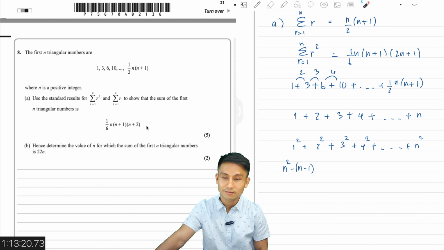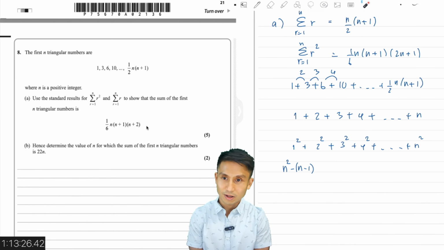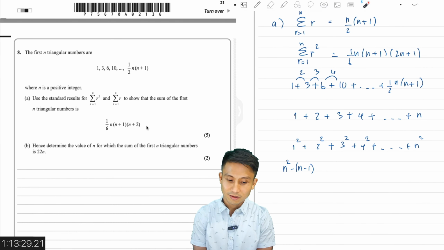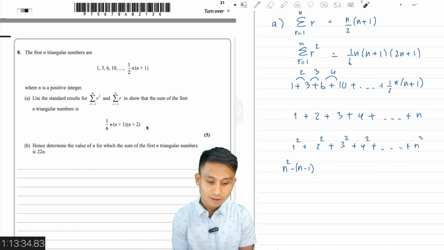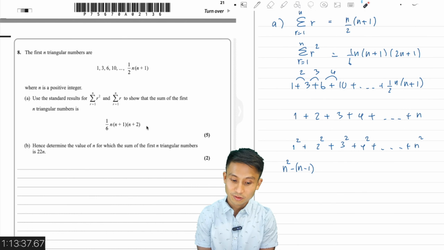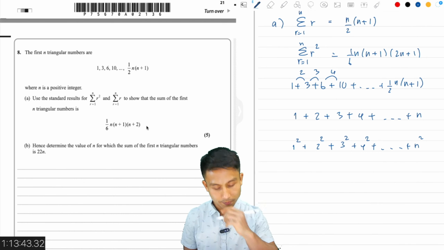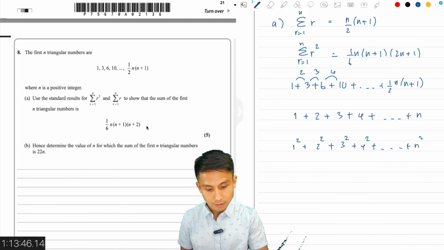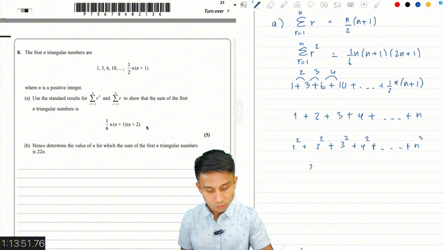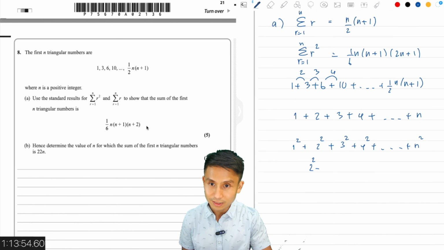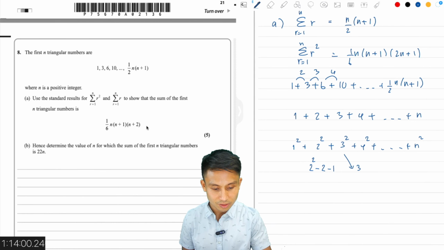No, it's not 6. 4 minus 2, 9 minus 3, 16 minus 4 is 12 and minus 2. Okay, hang on. This is 4. So this is 12. Sorry, 2 squared minus 2 minus 1. This is 3 squared.